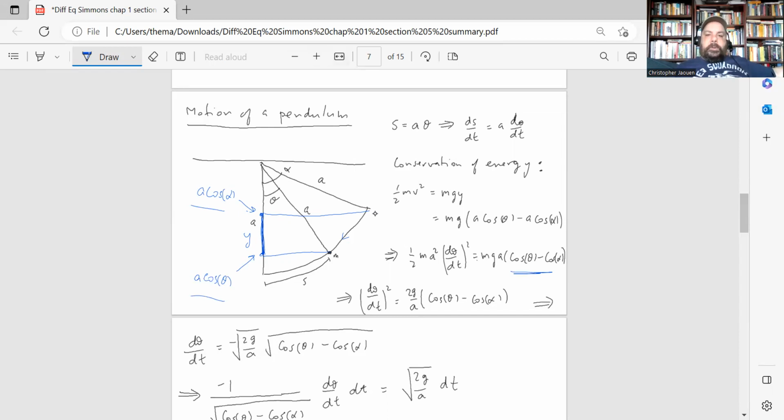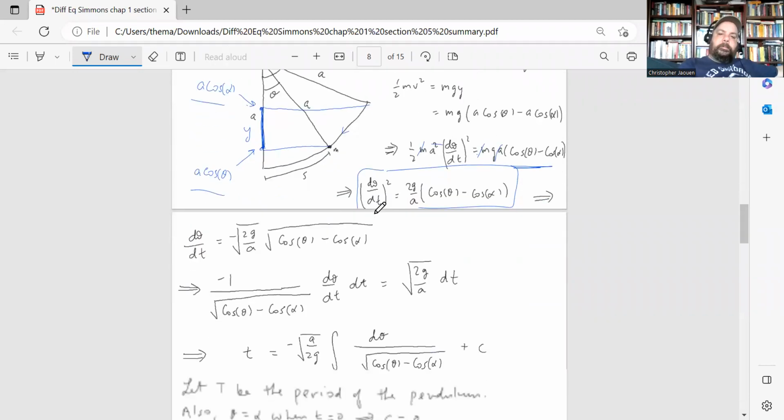All right, just simplifying this equation, notice you can divide out by m, and you can get rid of one of these a's here, and then multiply by 2. And you get this one here. So d theta dt squared is 2g over a times cosine theta minus cosine alpha.